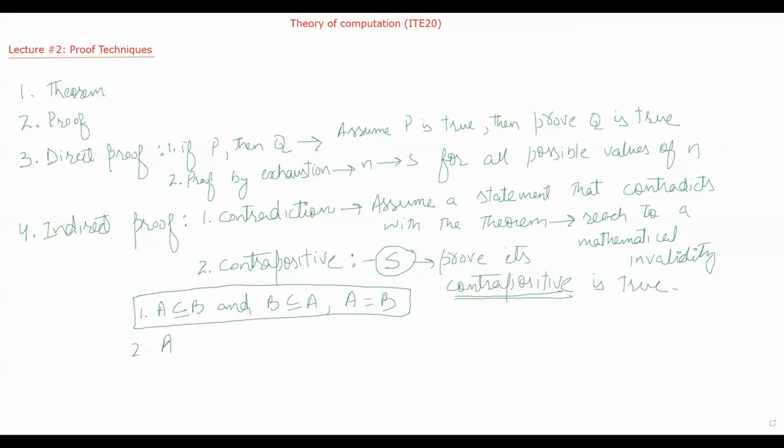Second: if A union B is a subset of A intersection B, then A is equal to B. You have to prove these two statements. You can use a direct proof technique, proof by exhaustion, or an indirect proof technique. But it is my suggestion that you should try out all these different proof techniques to prove these statements.